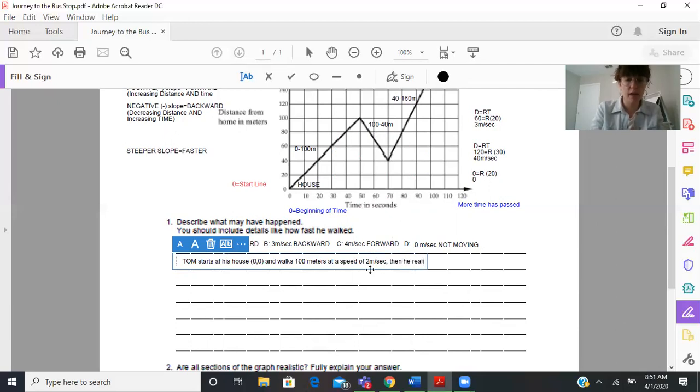Then he realizes he dropped his wallet and walks backwards to 40 meters at a rate of 3 meters per second.